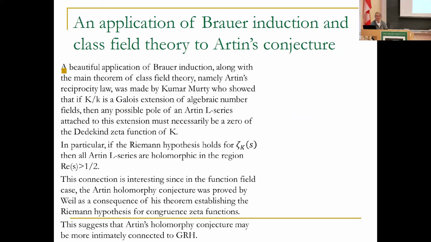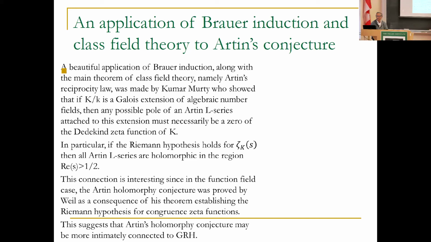But so when you apply the Brauer induction theorem, along with class field theory, a beautiful theorem of Kumar, shows that the possible poles of the Artin L series are contained in the zeros of the Dedekind zeta function. So if the Riemann hypothesis for the Dedekind zeta function is true, it implies immediately that there are no poles for the Artin L series to the right of real s bigger than a half.